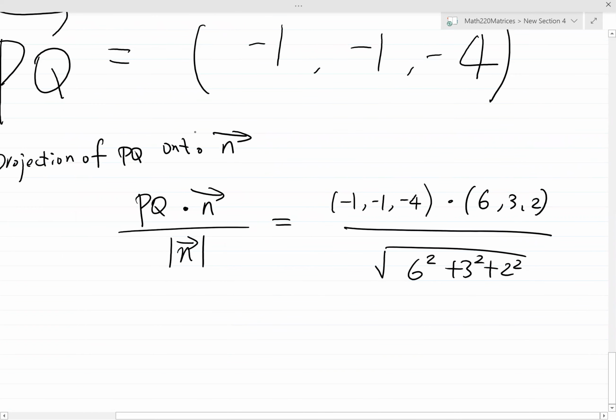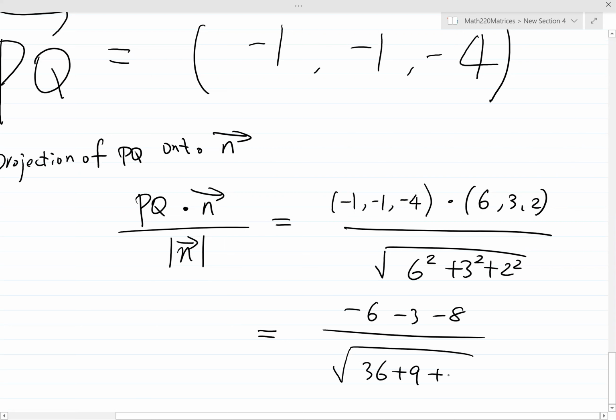So we get -6, -3, -8 over the square root of 36 plus 9 plus 4.